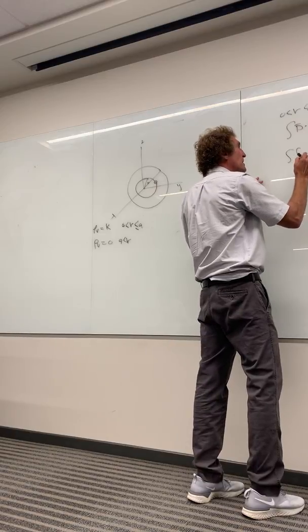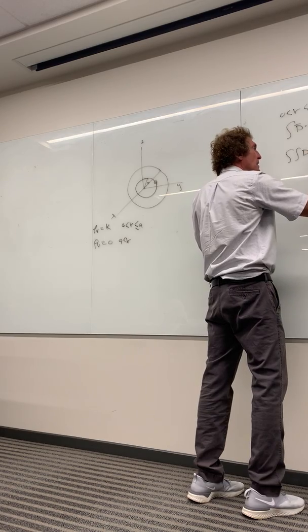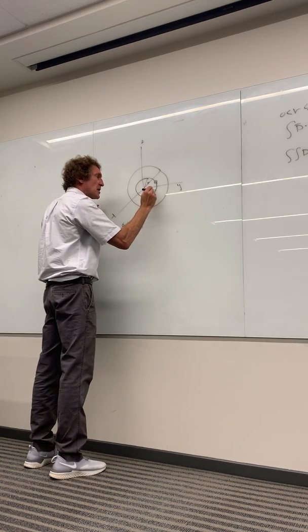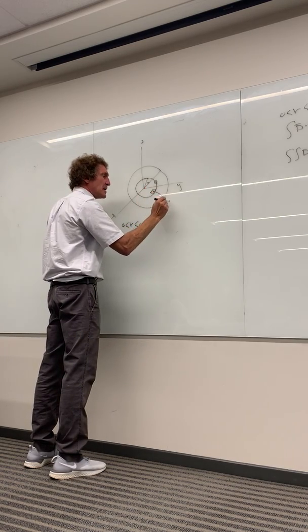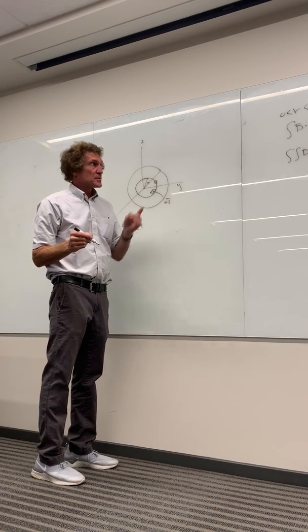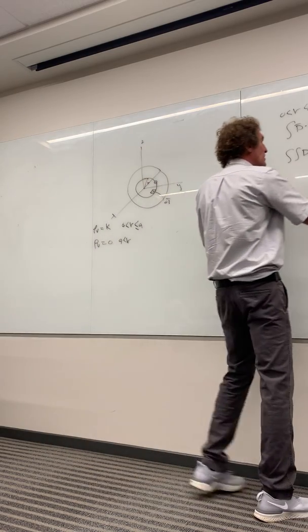So I can say the integral of D dot dS is really going to be a double integral, and the D field is only going to be in the r direction, a_r. Now on my differential surface right here, I need my dS, right? Remember, r is held constant, so it's going to be in the a_r direction.